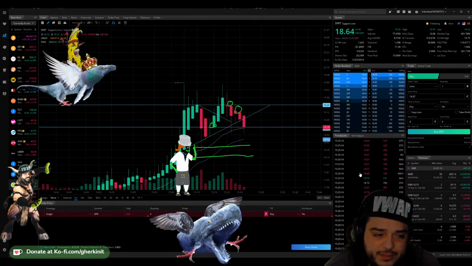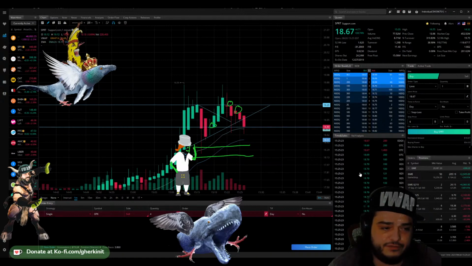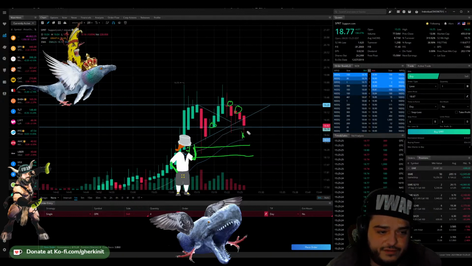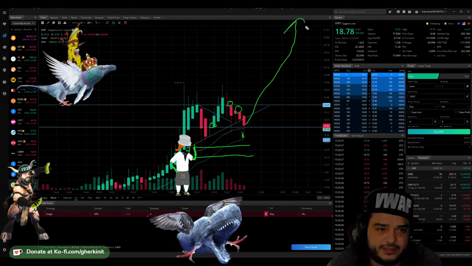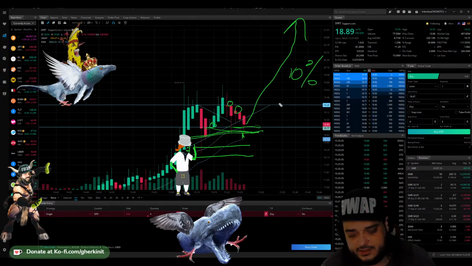The point of a stop limit order is that if it fails, your limit order immediately goes through. But if it doesn't fail, so if the price never hits here, your order doesn't fill, right? So if it bounces and goes up 10% more, you haven't sold any shares at this low level. That's why a stop limit is beneficial.